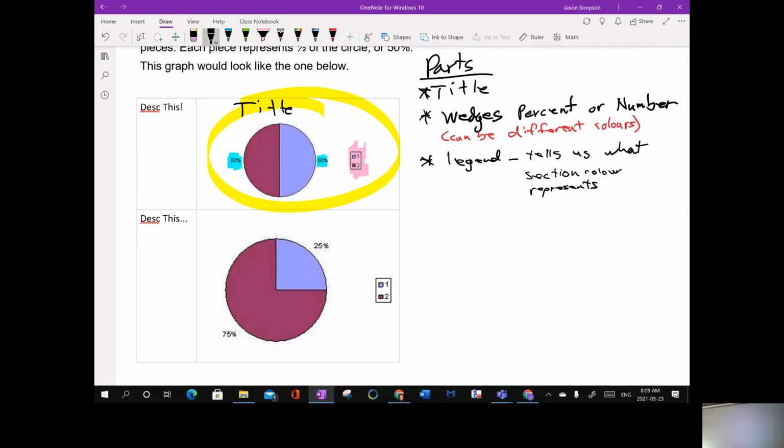Now, if I was looking at this next circle here, I could ask you to describe the circle. You would say this: 75% of the circle is purple.